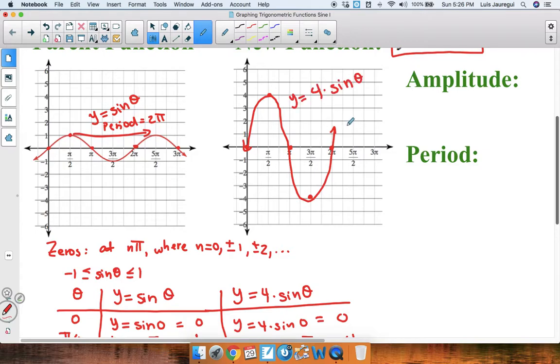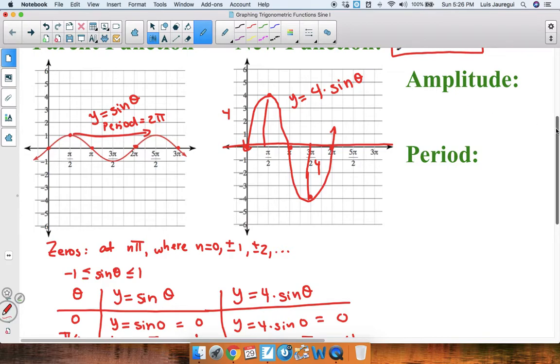Now the next thing we need to do is to figure out what the amplitude is. And the amplitude, if you remember, is simply the distance from the midline to the maximum value. In this case, that distance happens to be 4, or it can also be interpreted as the distance from that midline to the minimum value. So that distance is still 4.